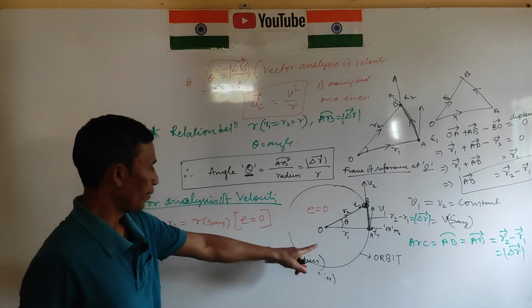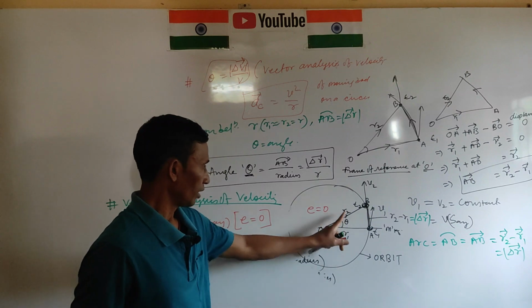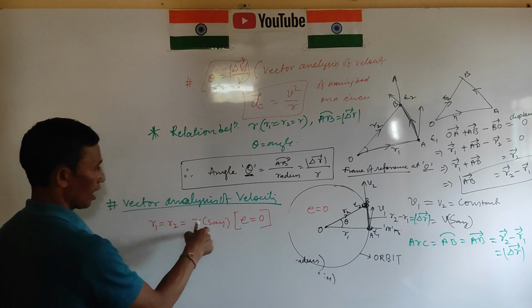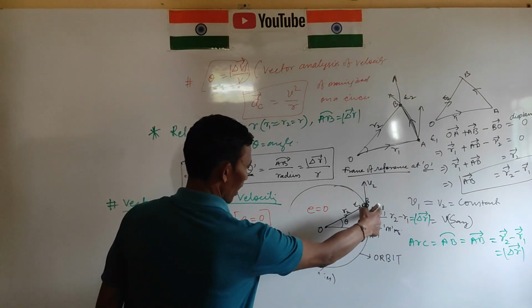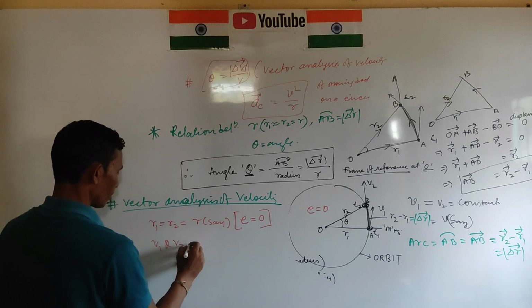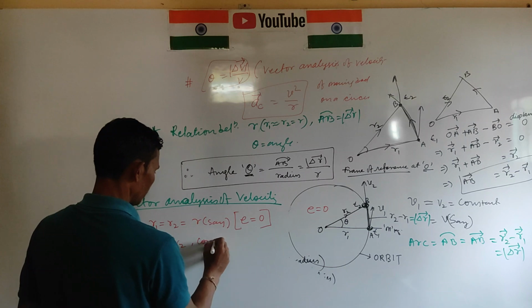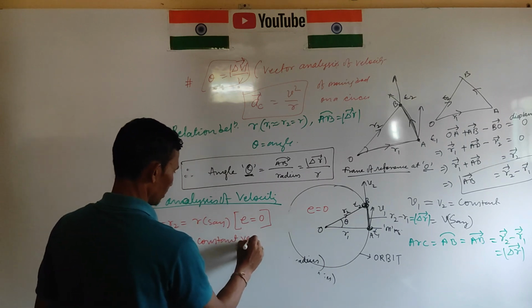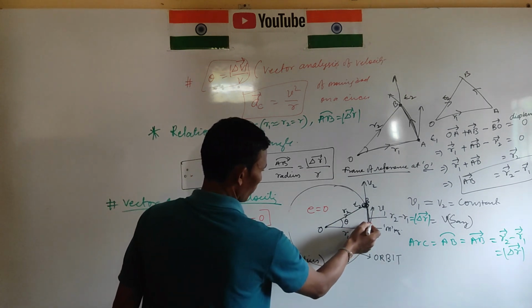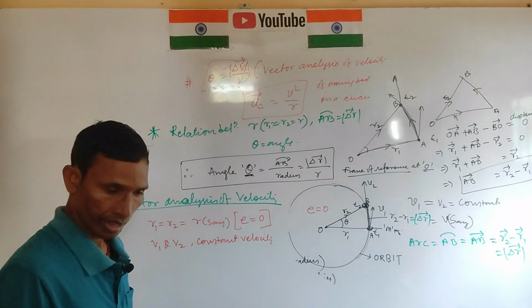At every point of the circumference, the distance will be the same. And this is the velocity: v1 and v2 are constant velocity. And when the body starts from this point and rotates one complete cycle, that will be the frequency.